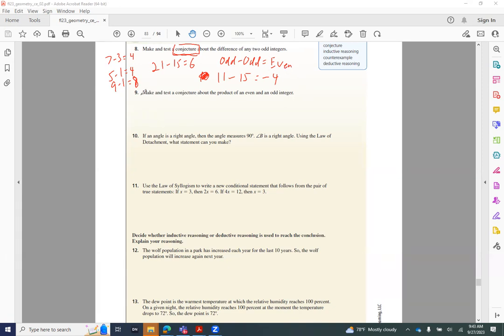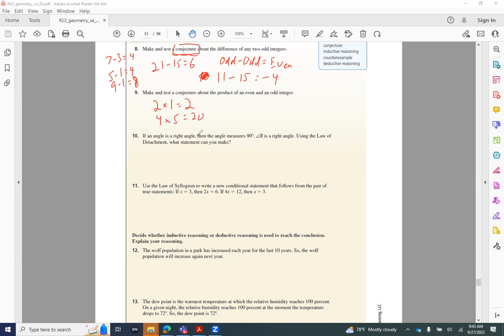All right, let's go ahead and do number 9. Make and test a conjecture about the product of an even and an odd integer. So for an even and an odd, let's say we do 2 times 1. Well, 2 times 1 is 2. All right, let's say we do 4 times 5.